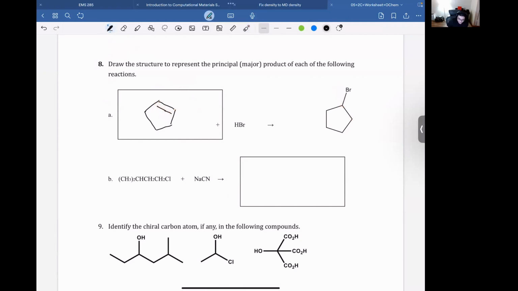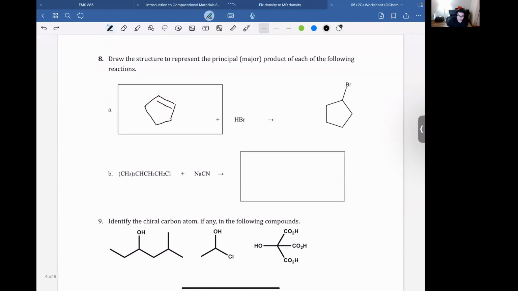Going on to B, we have this chain reacting with NaCN. You should know about something called a leaving group, which is a good, stable base, something that can stabilize a negative charge. So Cl minus does, right?